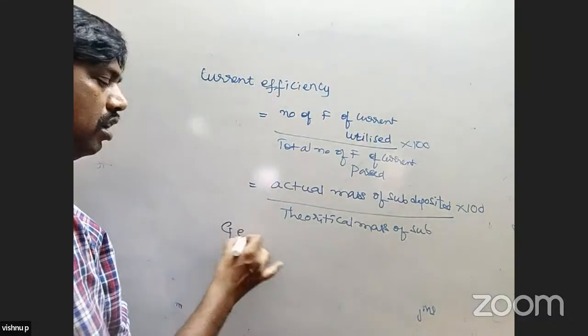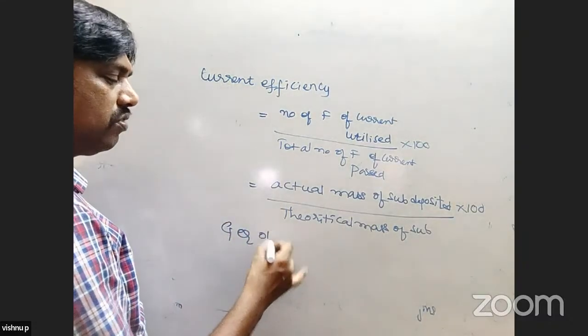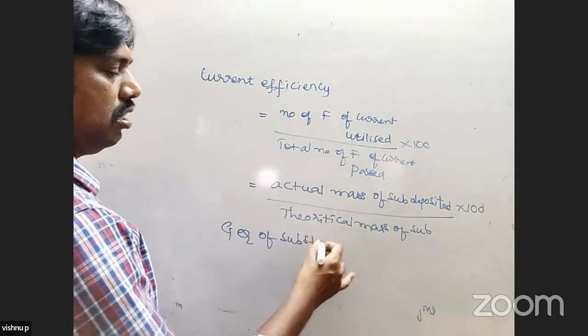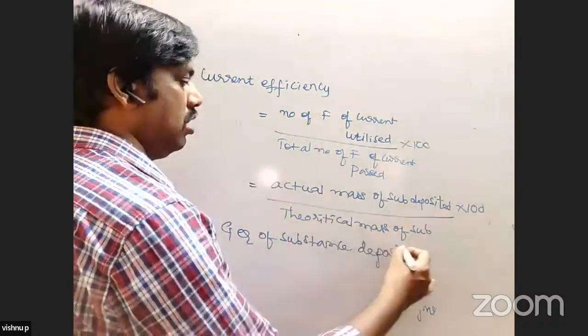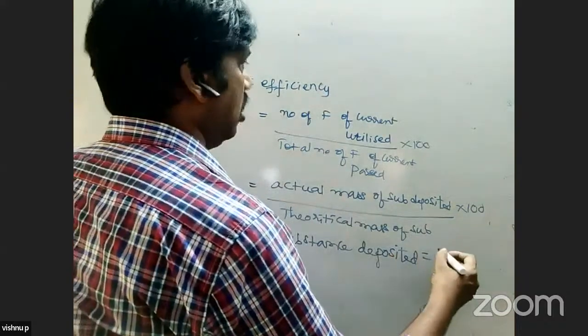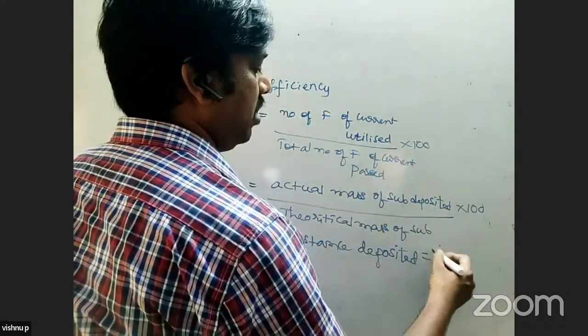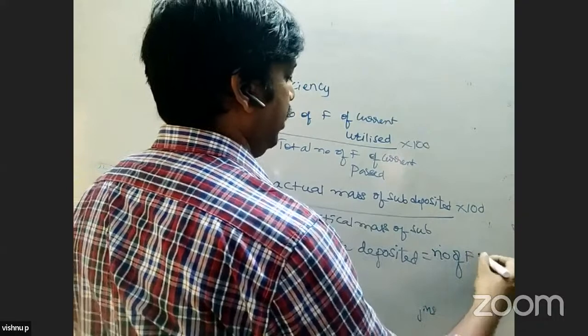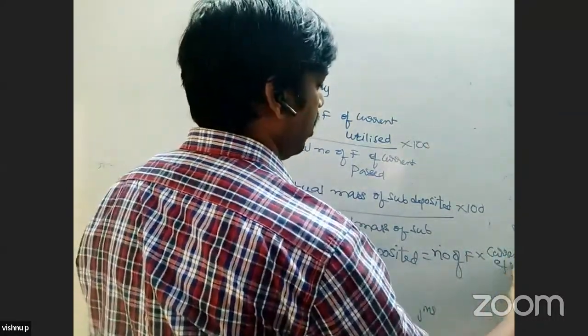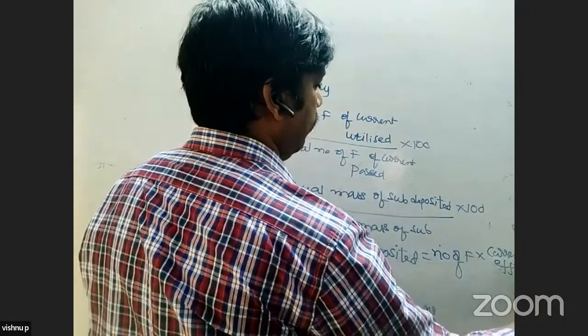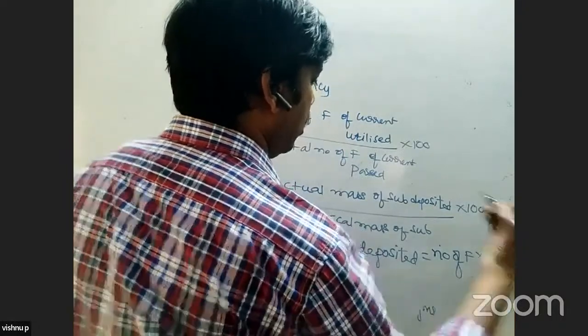And the gram equivalents of substance deposited is equal to the number of Faradays into current efficiency by 100.